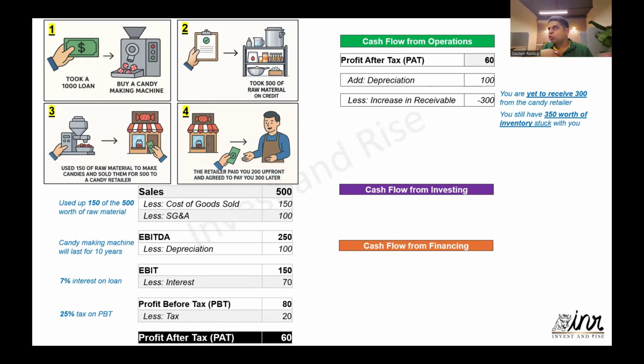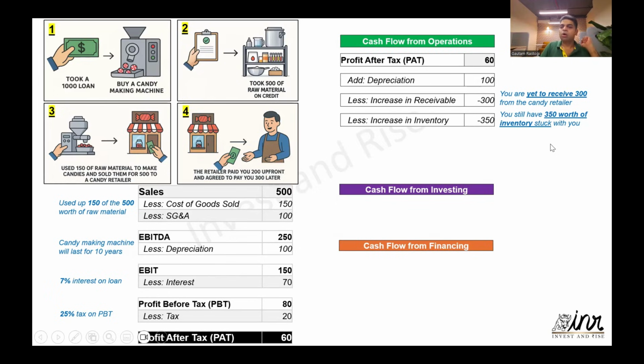Ideally, probably you wanted to turn or sell your entire inventory, but you were unable to. तो जो 350 का है, that is with you, that is blocking capital. You would have wanted to sell that inventory as well at a certain markup, at a certain profitability, but that is still with you. So that also needs to be removed because that is capital that is tied up in your business. So you remove 350.